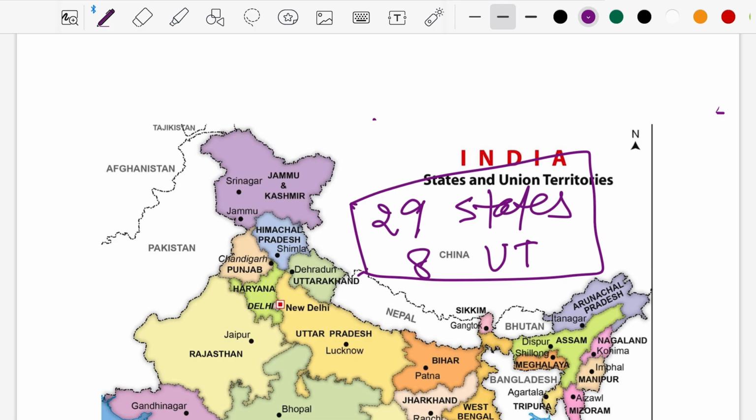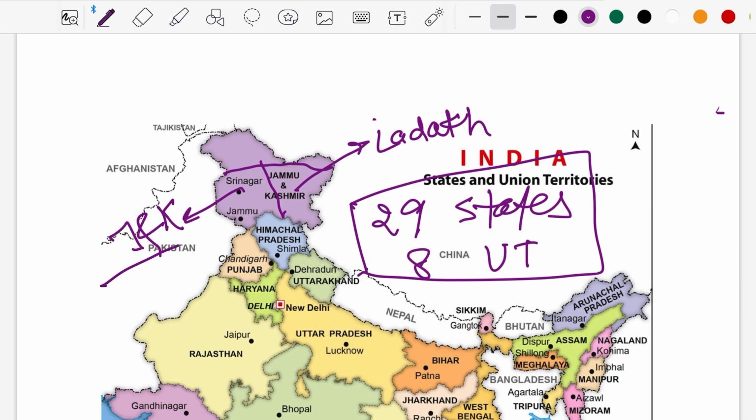That we'll try to understand. Okay. So nowadays Jammu and Kashmir is bifurcated into 2 parts. This we call Ladakh, and this we call Jammu and Kashmir. After the bifurcation in the year 2019, we call one Ladakh, and the other Jammu and Kashmir.